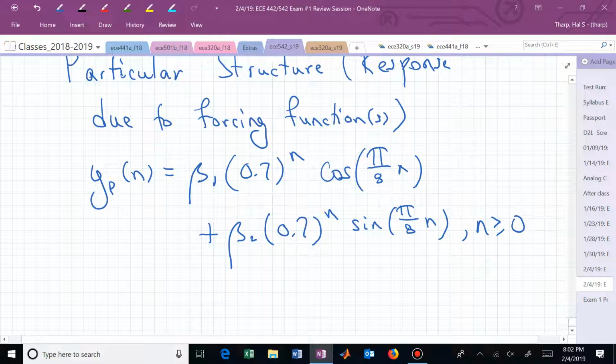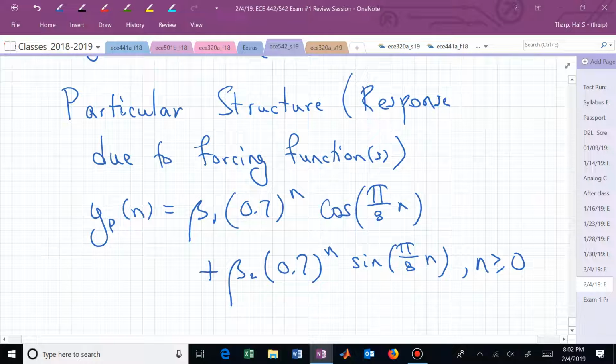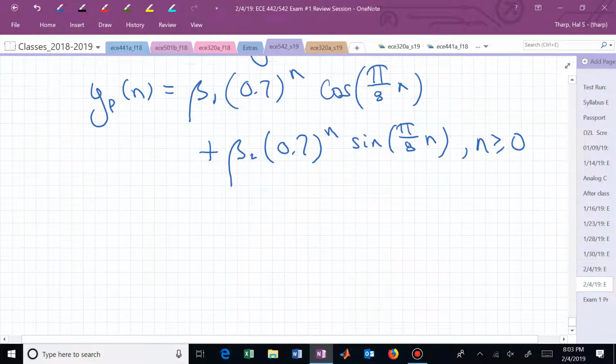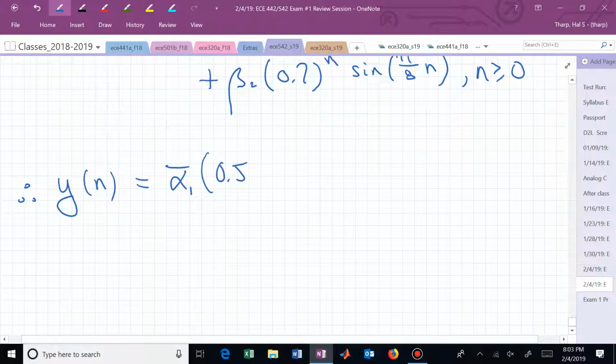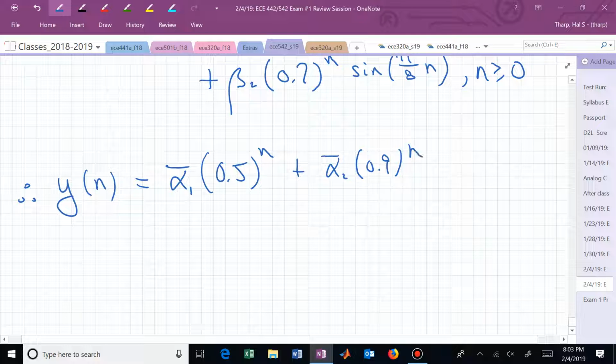That's the particular structure. What's the complete solution? The complete solution now is the particular plus the homogeneous. So that now the total solution structure is now, let's say, alpha 1 bar 0.5 to the n plus alpha 2 bar 0.9 to the n plus a beta 1 bar 0.7 to the n.